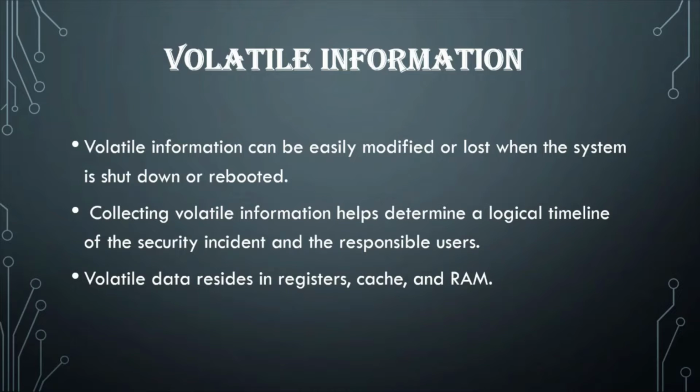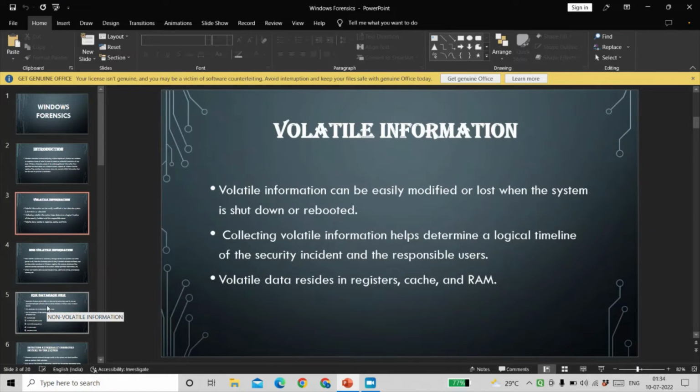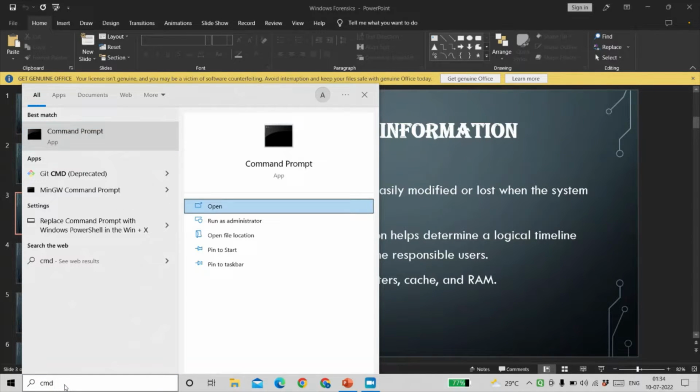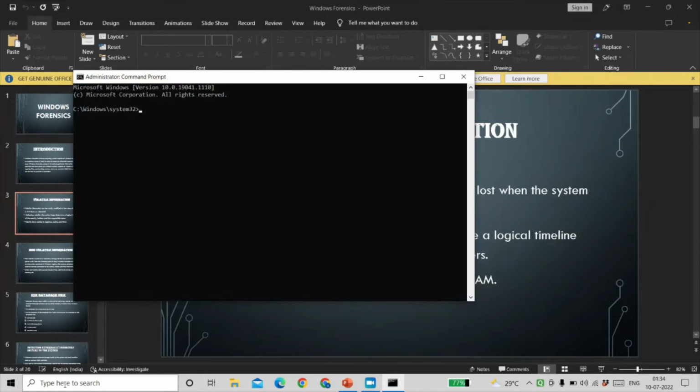So let's see some commands. The first is system time, like how to detect the system time. So we will go to command prompt, run as administrator, and type date. Let me maximize it.